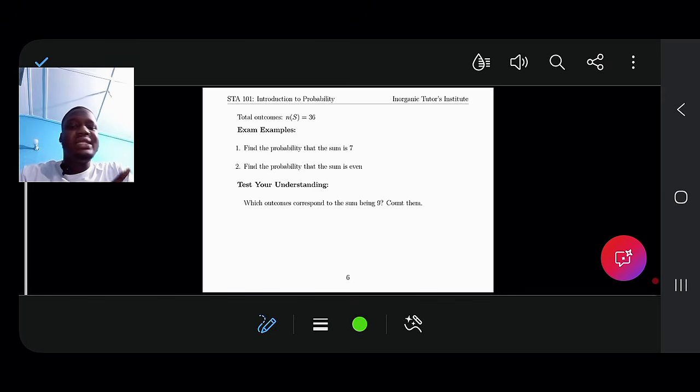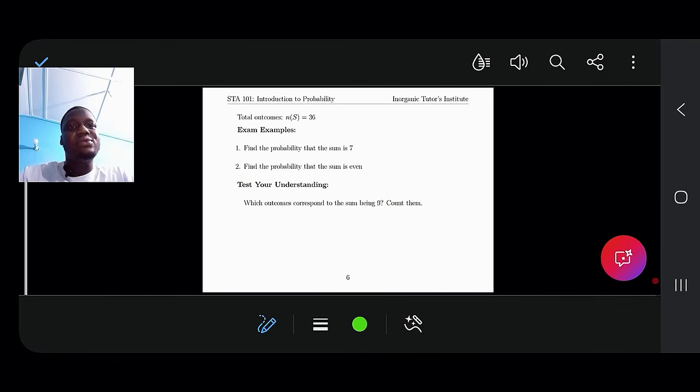Imagine you go to a casino or anywhere, and the rule is that if you roll 2 dice and you get a sum of 7, you maybe win some prize. Do you think it's only one pair that can get you a sum of 7? Do you think it's only rolling 1 on the first die and 6 on the second die that will give you a 7?